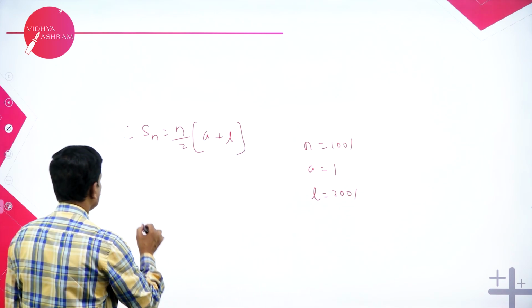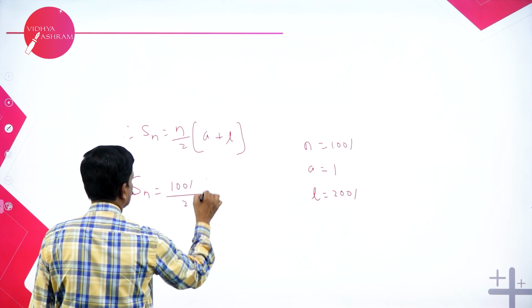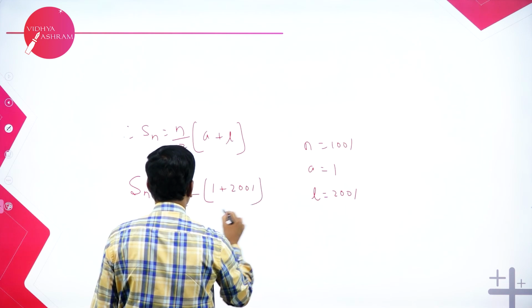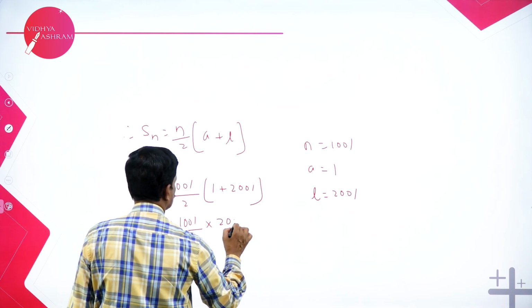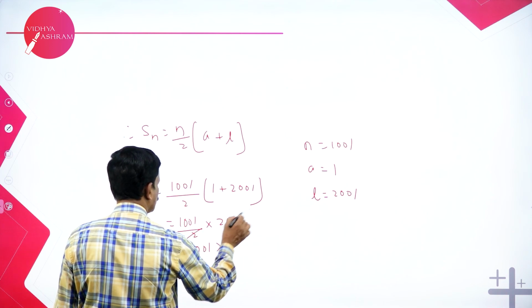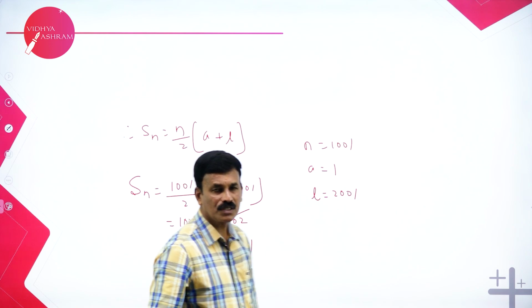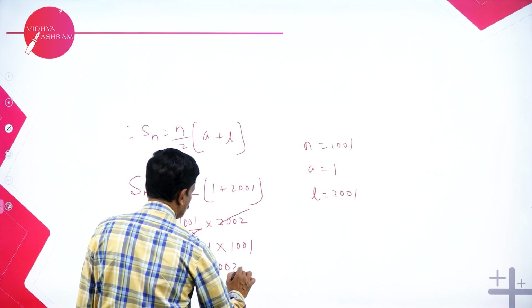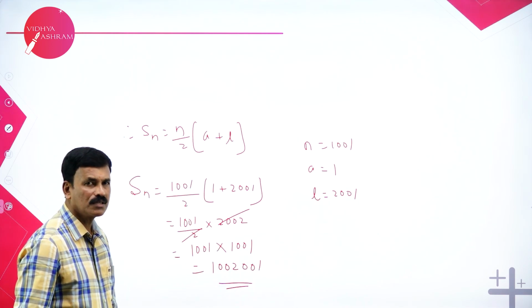Sn is equal to 1001 divided by 2 into 1 plus 2001, so 1001 divided by 2 into 2002. If you divide by 2, you get 1001. So simplify: 1001 into 1001, that's 1,002,001. That is the required answer.